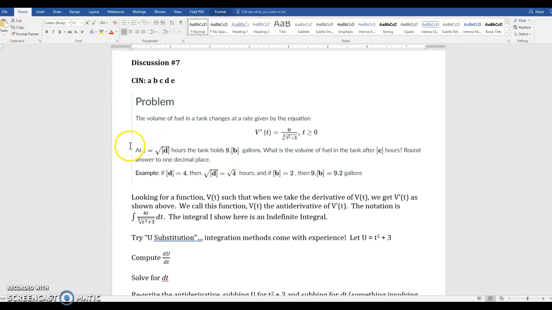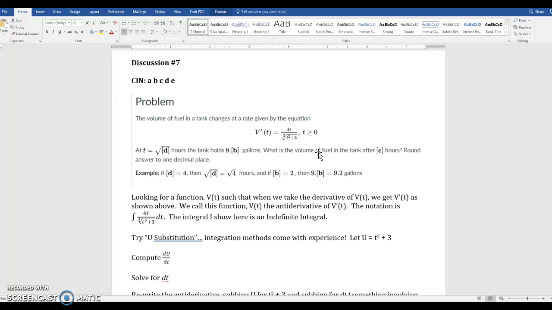Now, some additional information to go along with this, and then we'll get back to the heart of the matter. At some time t, which is going to be the square root of d, whatever your d value is in your calculus identification number, so at the square root of d hours, the tank holds 9 point b, as in the b in your calculus identification number, gallons.